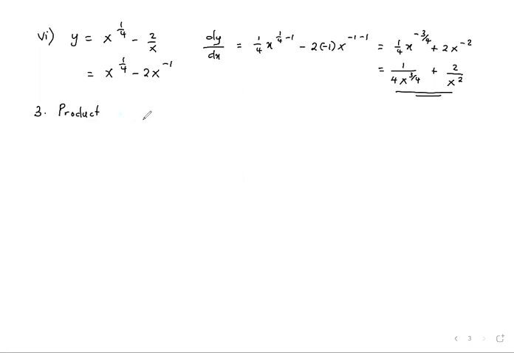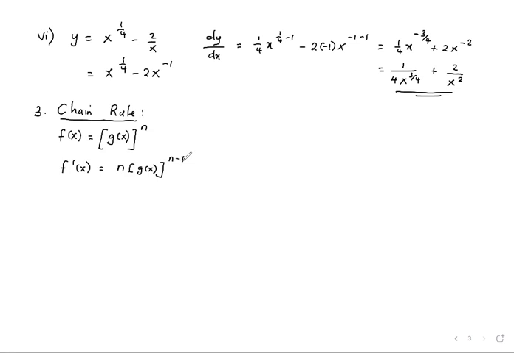In fact, let's start with chain rule. Chain rule: if f of x is a function g of x to the power n, to differentiate f you get n multiplied by g of x, reduce n as if it's normal power rule. And then because g is a function inside there, we need to multiply this by the derivative of g, like that.